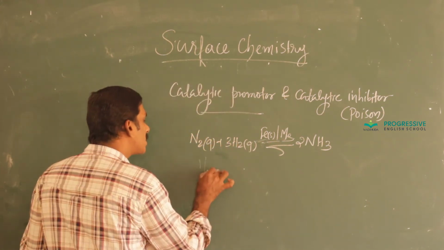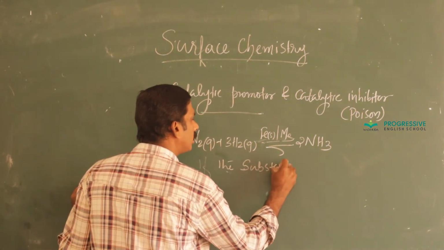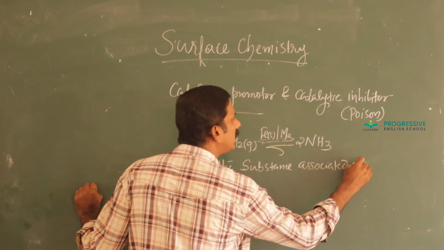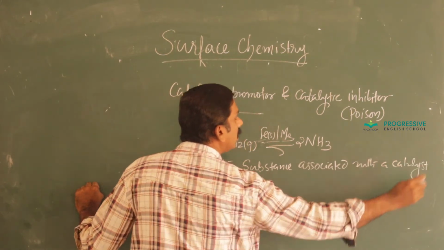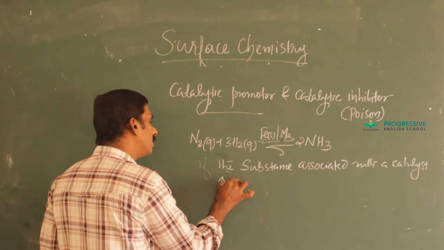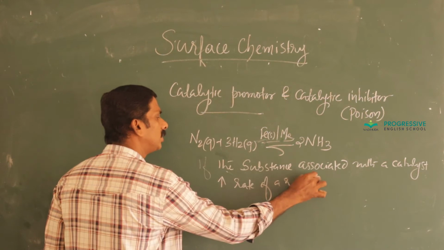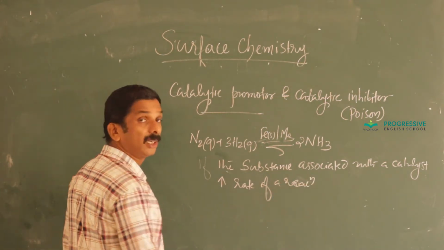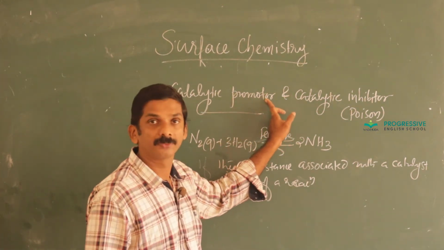If the substance associated with a catalyst increases the rate of a reaction, it is called a catalytic promoter.